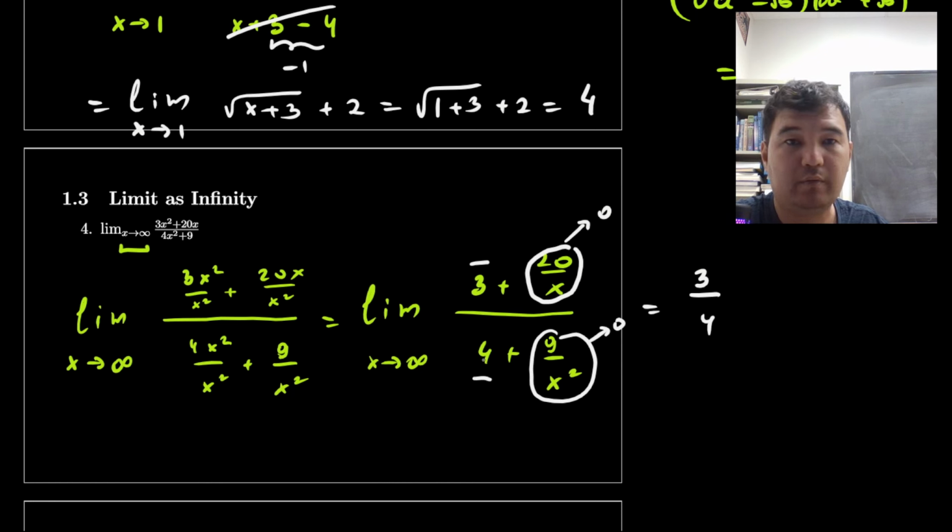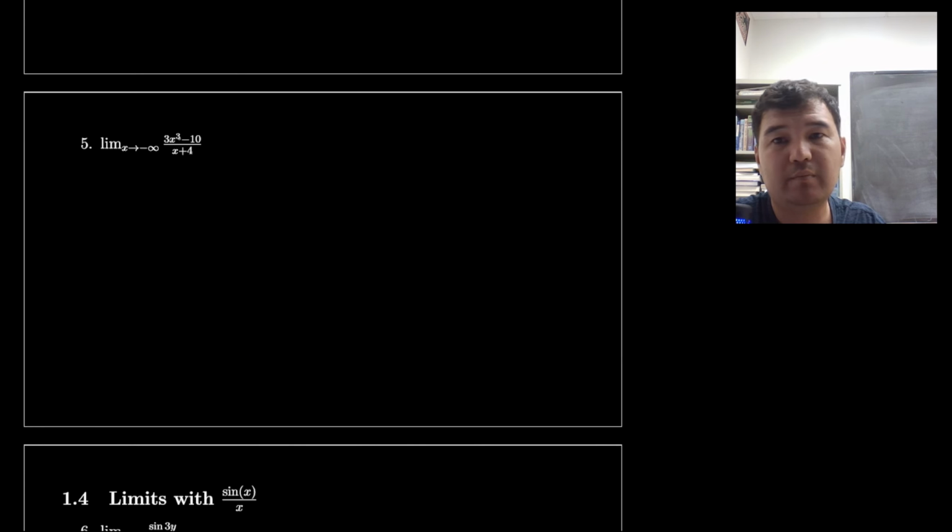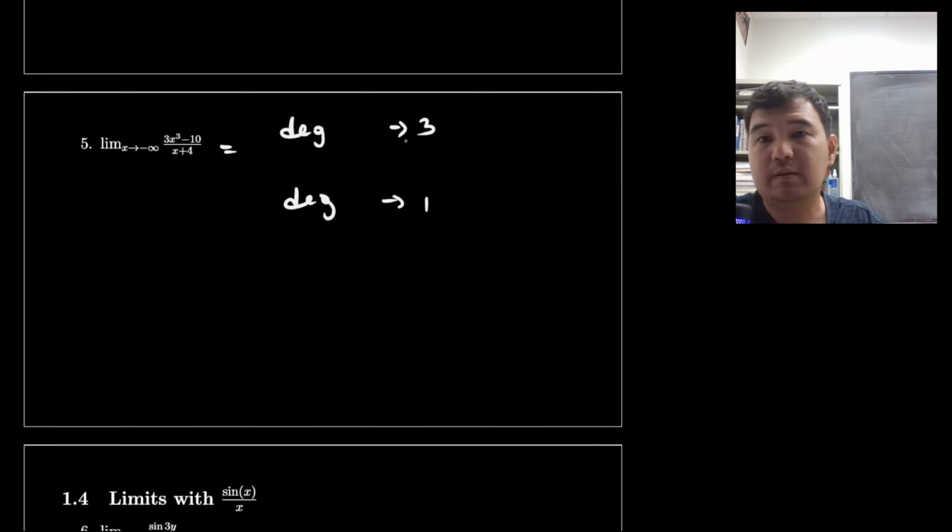Here you should be dividing everything by x cubed, but assuming the degree of the numerator is 3, cubic, and the degree of the denominator is linear, degree 1, the numerator will be increasing much faster than the denominator, which results in a very large number divided by a small number.